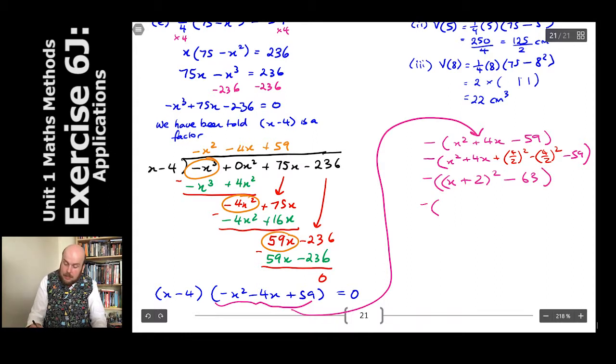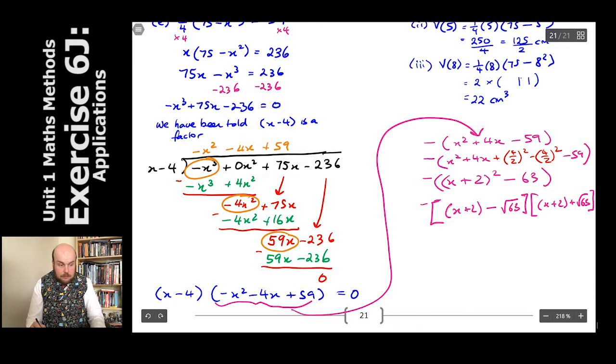So that becomes, and we'll make that into a big bracket here, x plus 2 minus square root of 63, x plus 2 plus square root of 63, and I think you'll find here that we can have two possible answers.